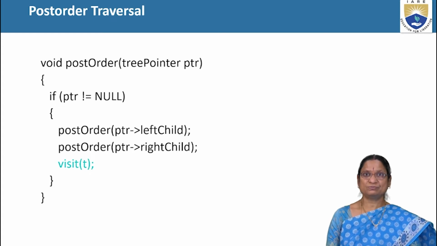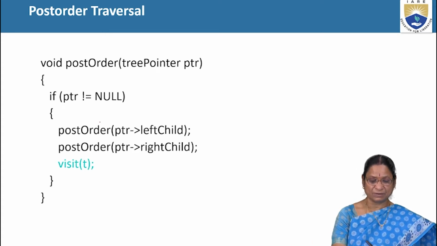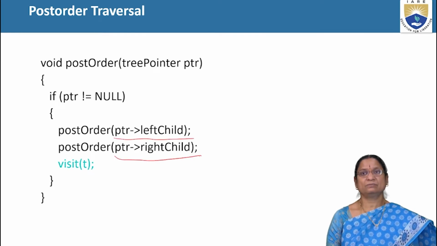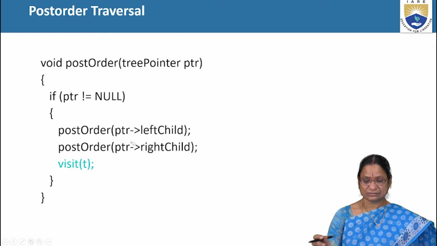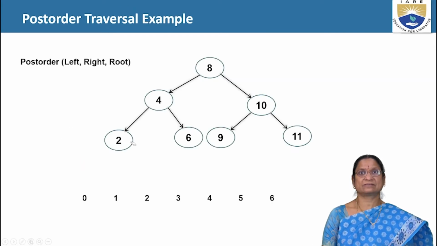Post means after: first the left subtree, then the right subtree. Again, these two are in post-order only, so recursion must be applicable here. Post-order traversal of the left child and post-order traversal of the right child, then this node is going to be processed. This is going to be recursively processed by us.